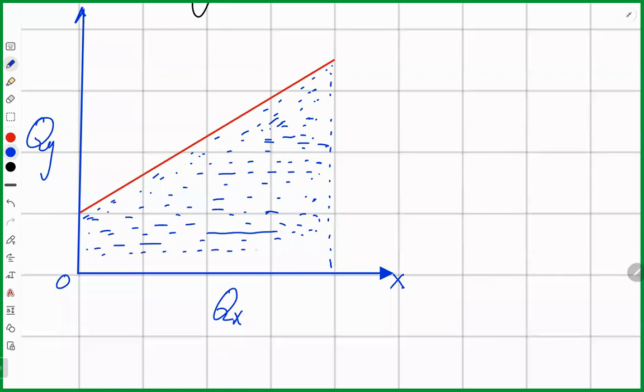Be very careful. Sometimes students just make the triangle and they find the area of the triangle. This is the triangle. What they do is they just find the area of the triangle on the top and they consider it as the final area under the graph.